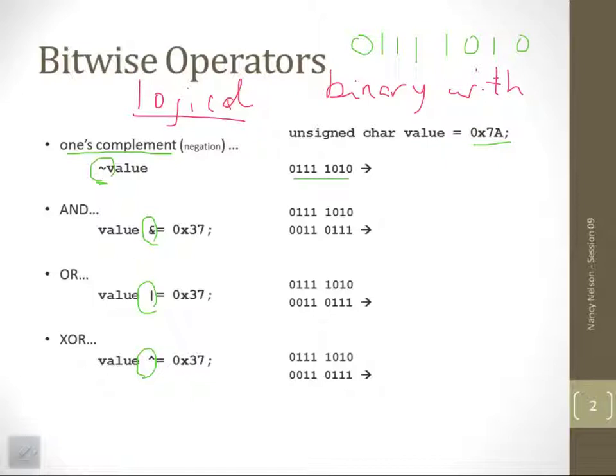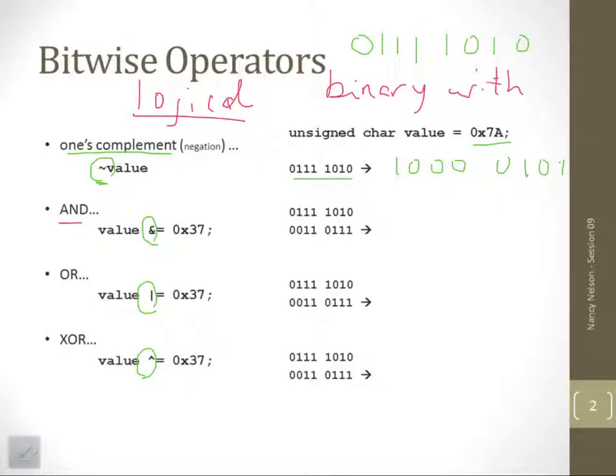And we have that written here. So each bit is going to get inverted. So our result is going to be 1, 0, 0, 0 for the first nibble, 0, 1, 0, 1 for the second nibble. So each bit on its own is inverted.